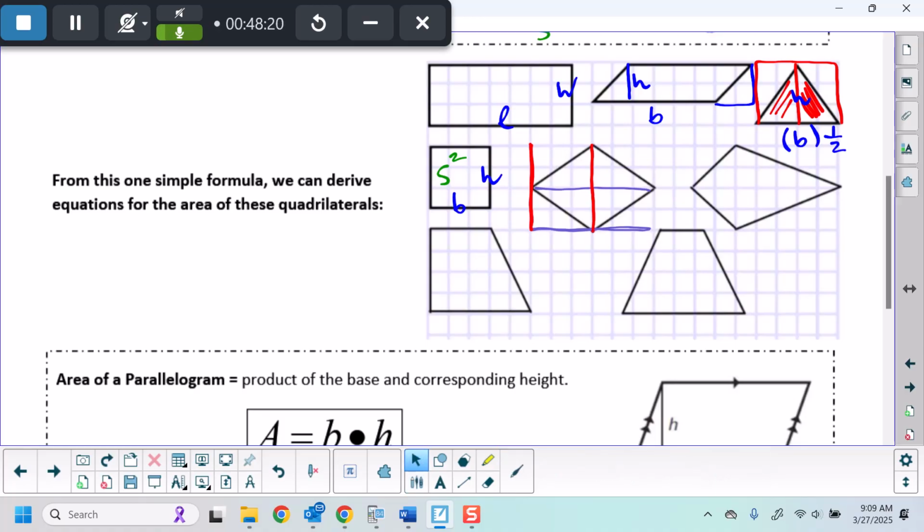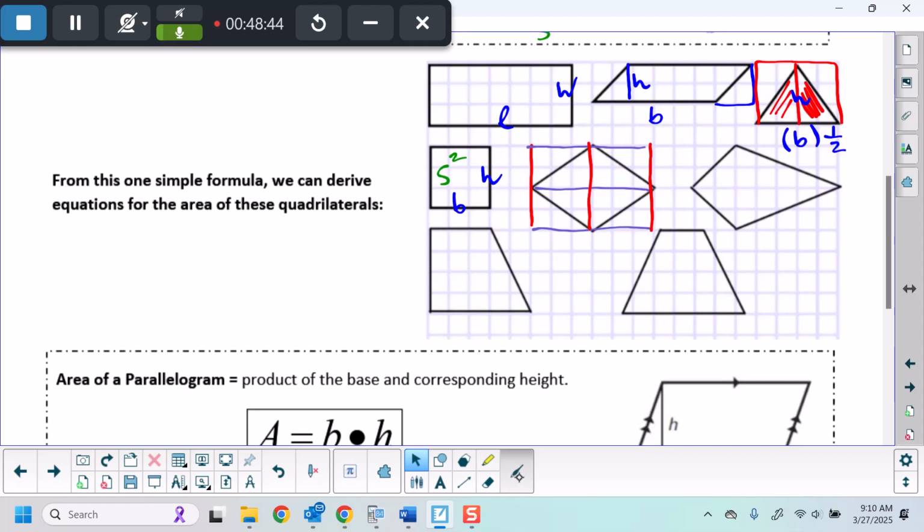So what you can see is that this side length and this side length form a box around the rhombus. So I like to tease my kids and say, okay, for your birthday, I bought you a rhombus and I'm going to wrap it up in a box.